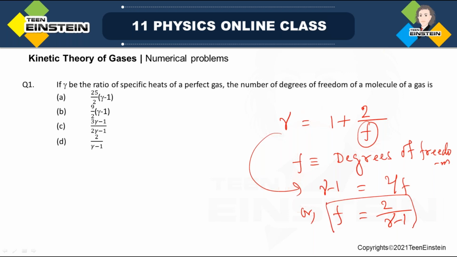So this is the answer. You have to find out whether you have that option. Yes, option D will be the correct answer for this question. So you have to remember the formula gamma is equal to 1 plus 2 by F, where F is the degrees of freedom. This is the key point here.